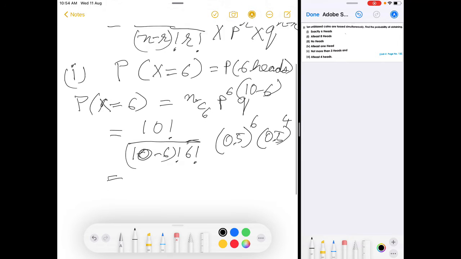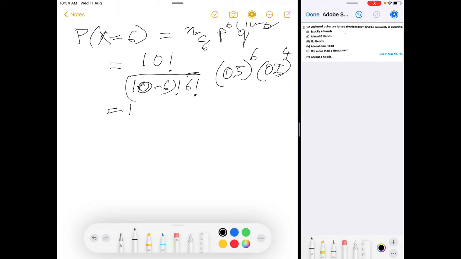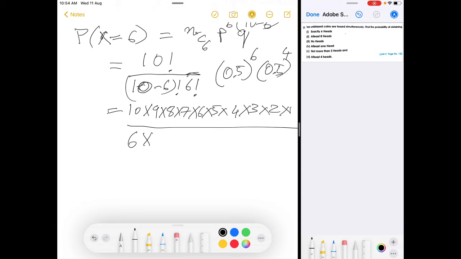Now let's expand this combination. What do we get? 10 into 9 into 8 into 7 into 6 into 5 into 4 into 3 into 2 into 1. Now what is 6 factorial? 6 factorial is 6 into 5 into 4 into 3 into 2 into 1, multiplied by 10 minus 6 factorial, or 4 factorial.